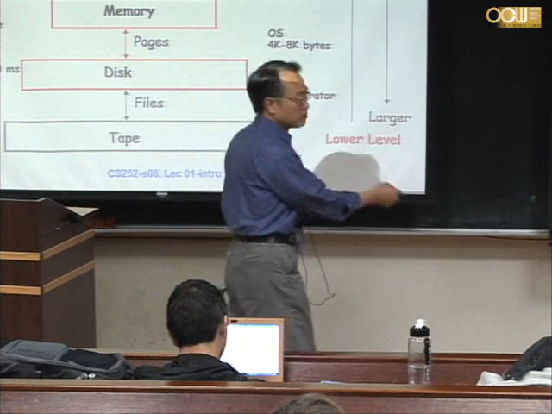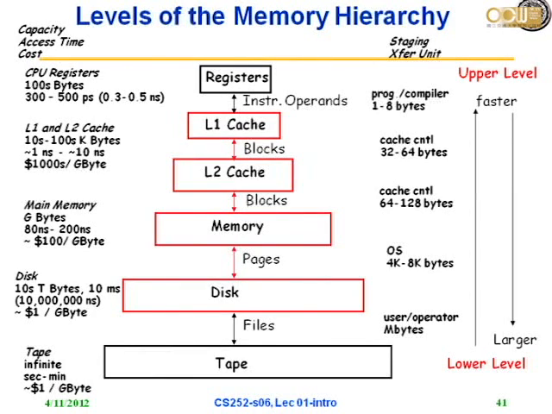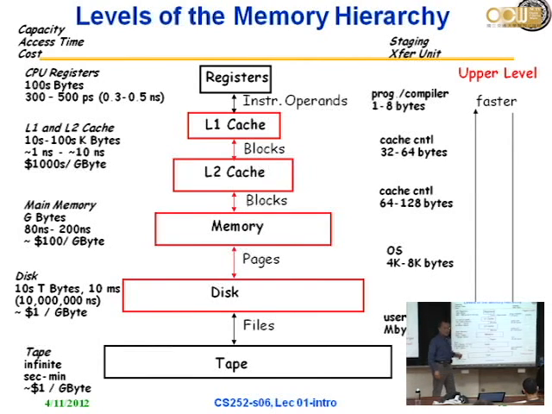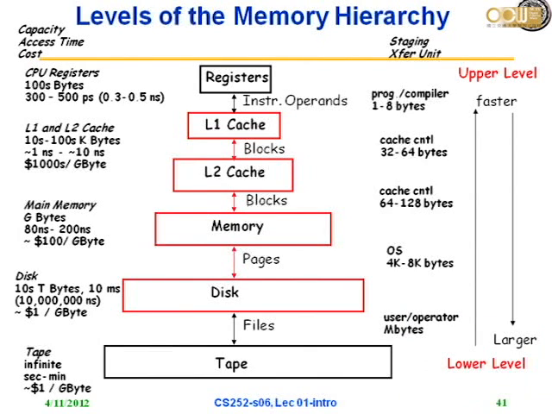So which level or levels provide high speed? The upper levels. Which level or levels provide unlimited capacity? The lower levels. Okay? So whenever I want to access something, I hope I can get them from the top levels. And whatever I need will be stored in the lower level.